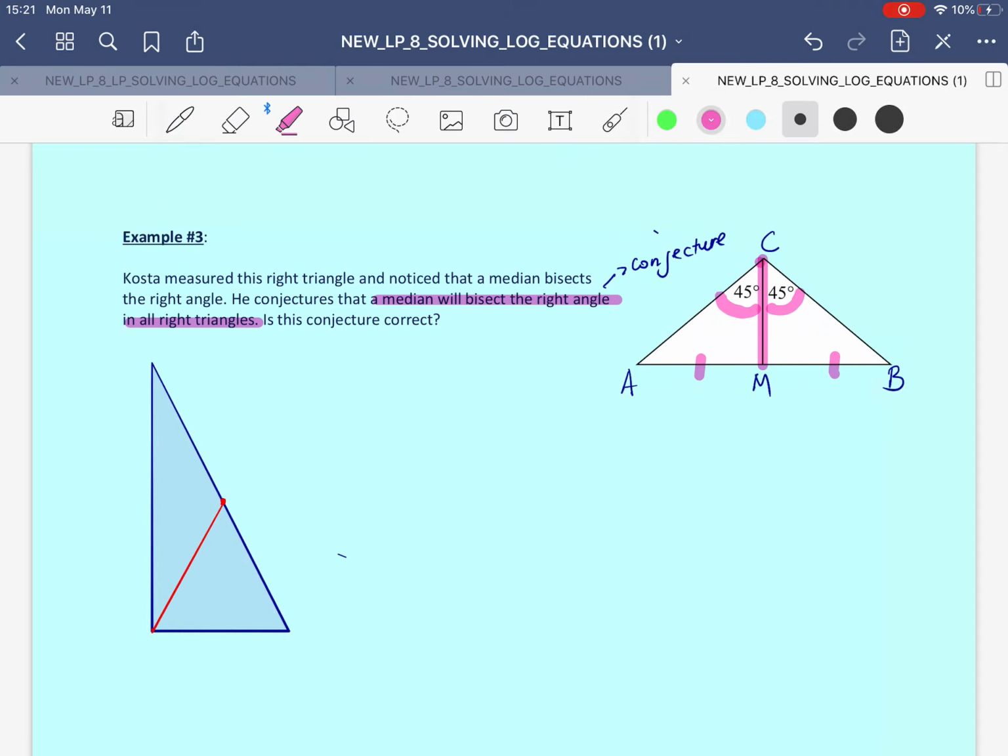And now I will try to compare the two angles created at the right angle by this median. So we have this angle here, and then we have this angle here. Now, just by looking at it, do you think that these two angles are equal to each other? And it doesn't look to me that these two angles are equal to each other, so maybe the conjecture was not correct. This is called building a counterexample.